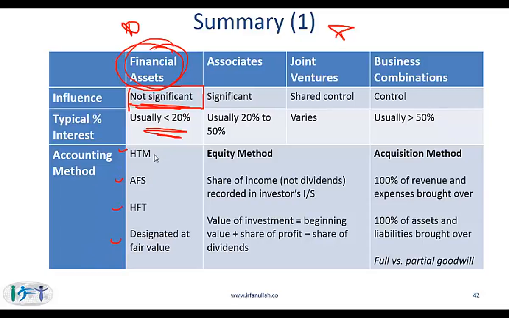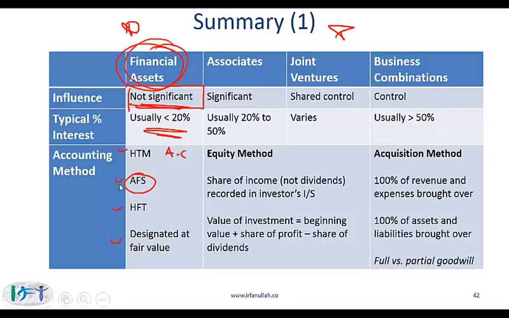Held to maturity means that on the balance sheet, the asset is shown at historical cost or amortized cost. Any unrealized gains and losses are not shown anywhere. If there are realized gains or losses, they are shown on the income statement.